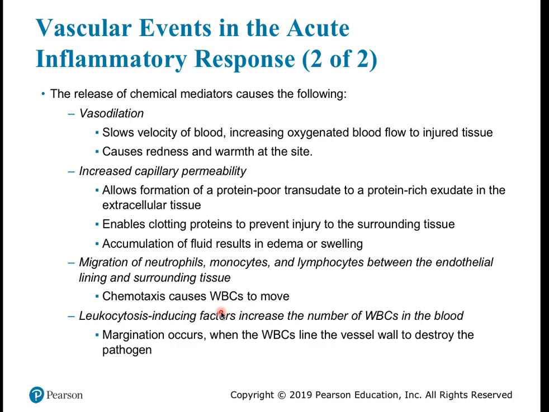Think about Velcro. You have the Velcro-like neutrophils and the Velcro-like receptors on the endothelial cells, and that allows the neutrophils to bind to them, stop moving, squeeze out, arrive at the infection area and start phagocytosis.